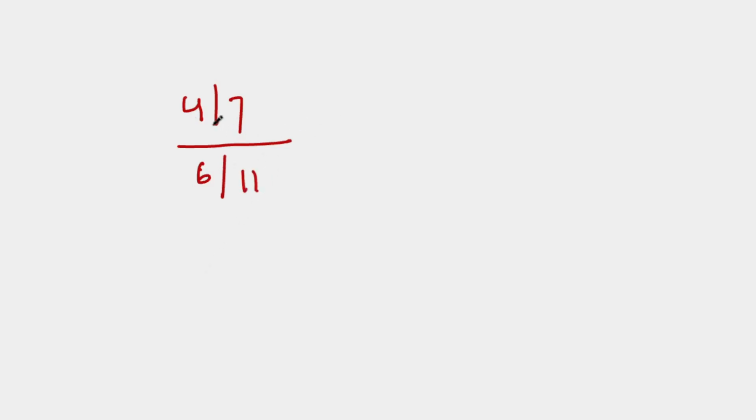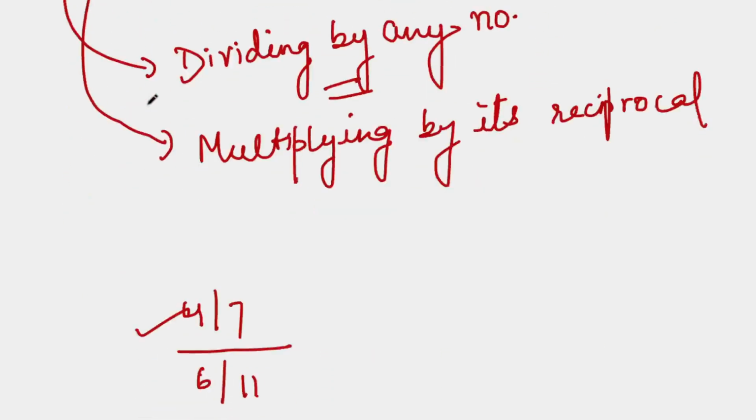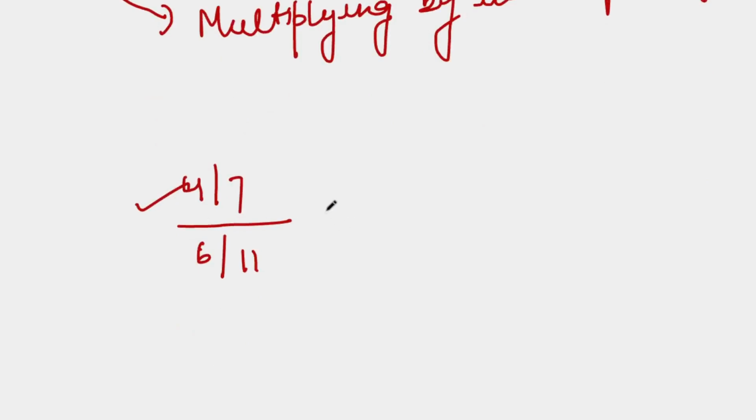Okay. Now here it was 18, numerator was 18 and denominator was 9. Now what do we need to do? Numerator is still the same. Here the denominator is a fraction, and we are saying instead of dividing we are multiplying by the reciprocal. Okay. So this is what we get.